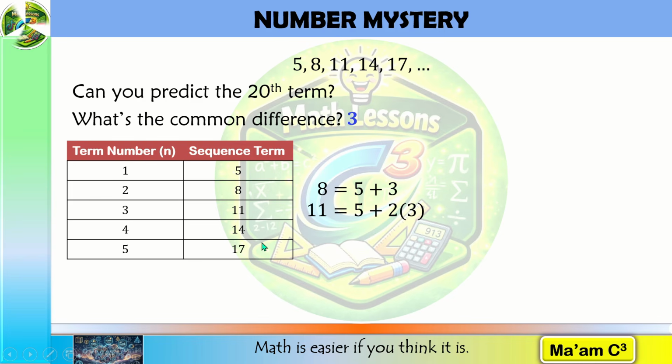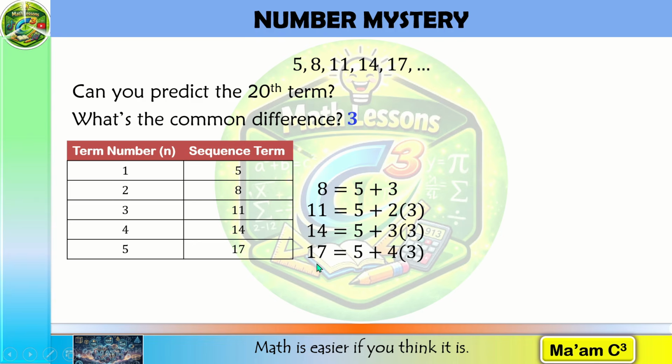How about 14? 14 is equal to 5 plus 3 times 3, since 3 times 3 is 9 plus 5, that is 14. I suppose you could guess already for 17. 17 is equal to 5 plus 4 times 3. 4 times 3 is 12 plus 5 is 17.